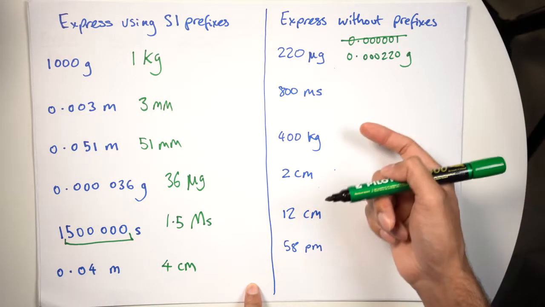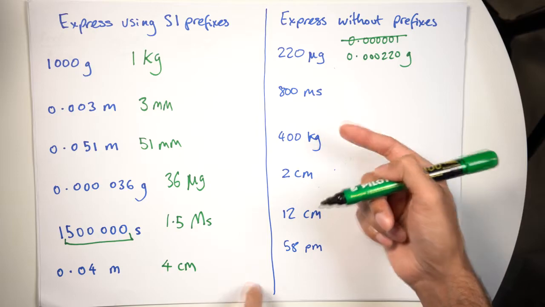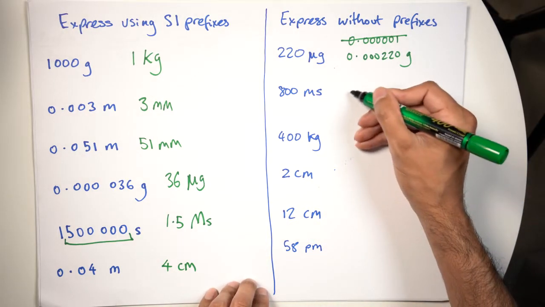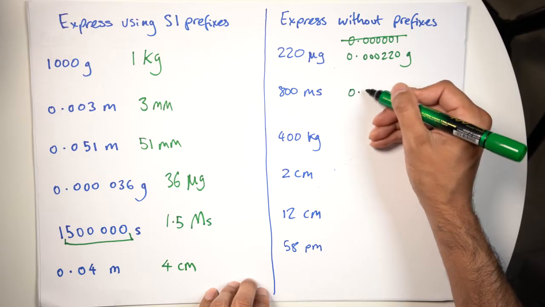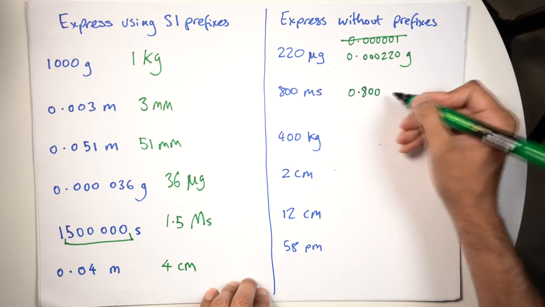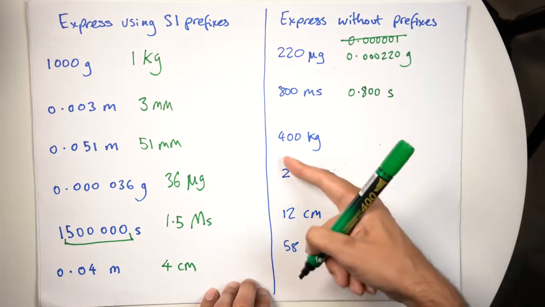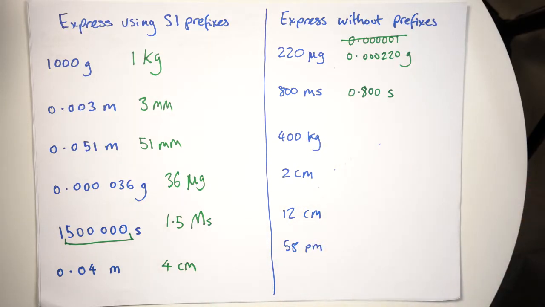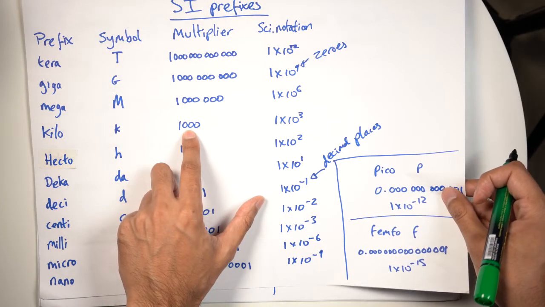You see, this is why we have these, because we don't have to write all this out. 800 milliseconds. So milli has 3 decimal places. So you need 0 point and then 800. You've got 3 decimal places here, seconds. The next one, kilo, the multiplication factor is 1,000.